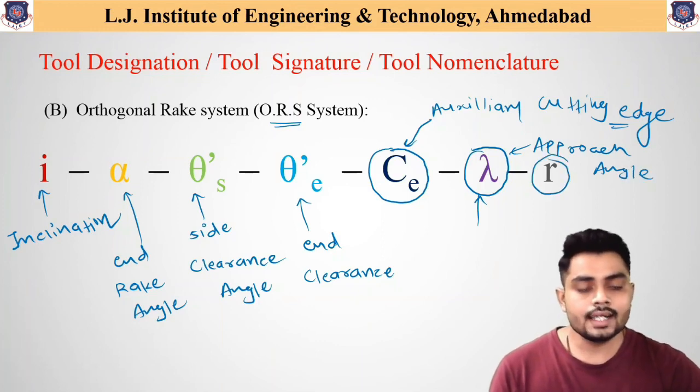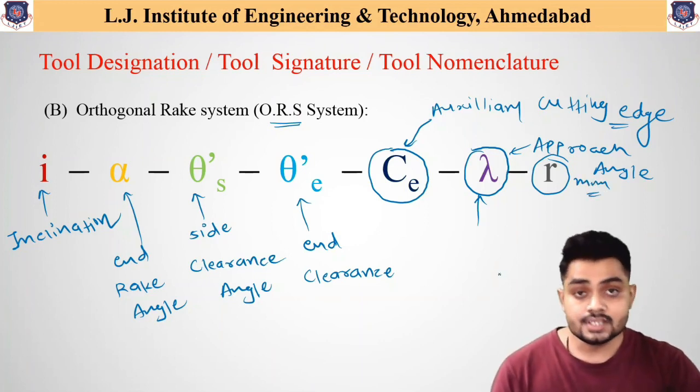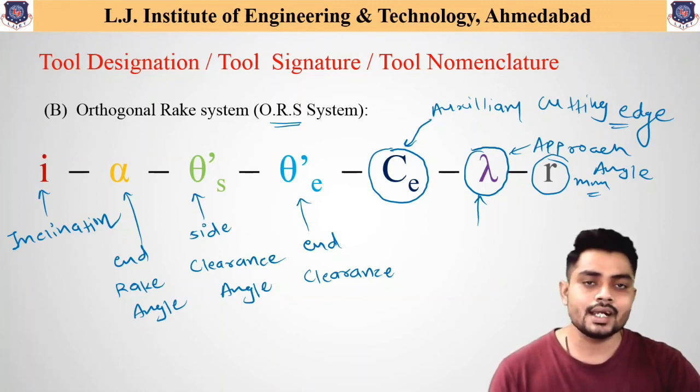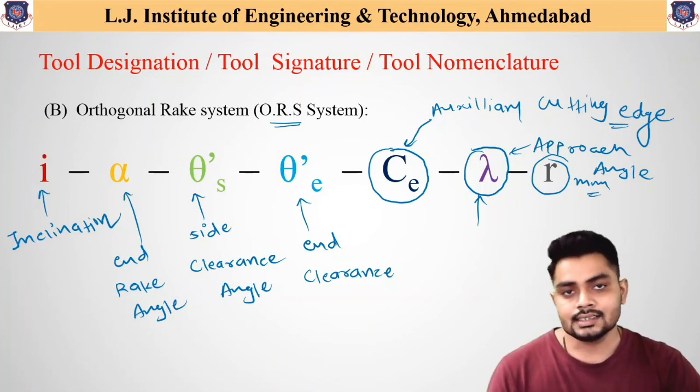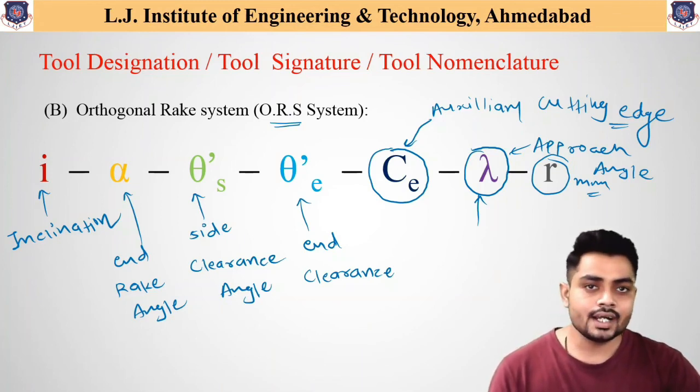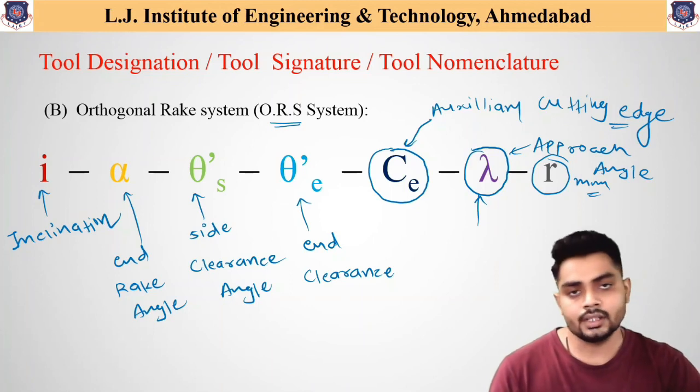And over here again R indicates the nose radius, which is always considered in mm. So these are the two main important tool signature systems, or tool nomenclatures. The first one is the ASA system, and the second one is the ORS system, and that is how one can define the single point cutting tool geometry.